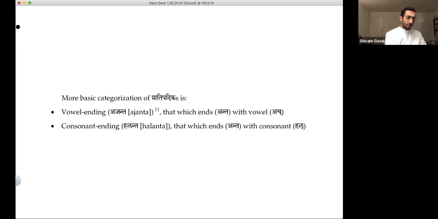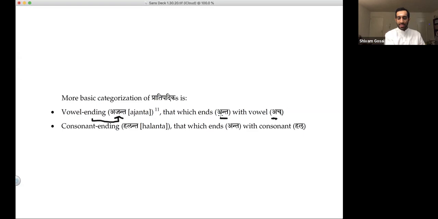Now, a more basic categorization is vowel ending or consonant ending. Vowel ending is what we call ajanta, that which ends anta with a vowel. Vowel is called ach, and this is based on the Maheshwara Sutra, but if you don't know what that is, don't worry.